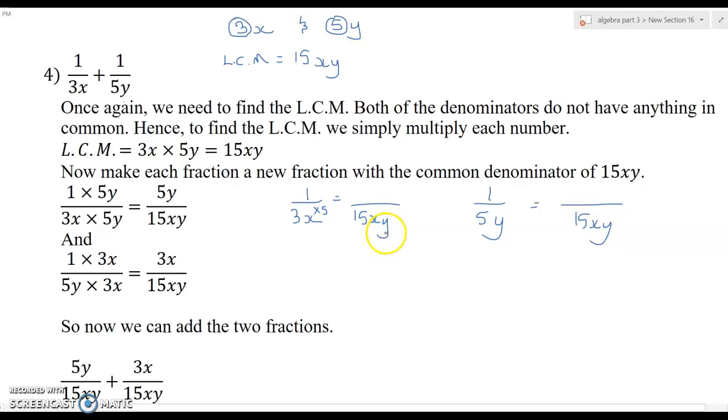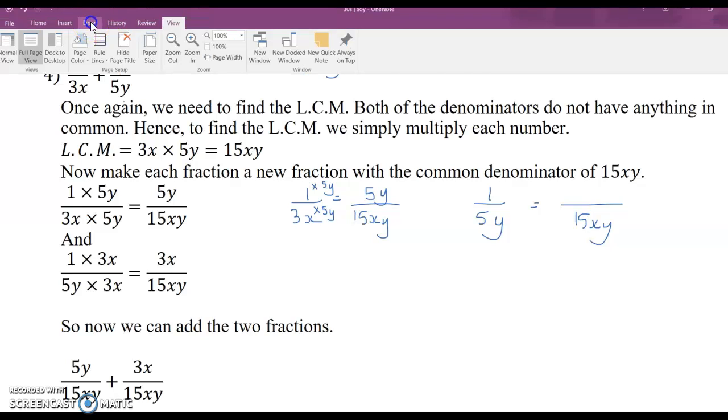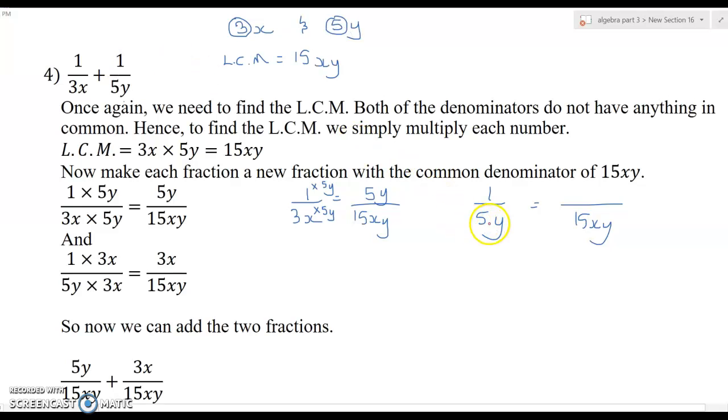But how are we getting the y? We have to actually multiply by y as well. So 3 by 5 is 15 and x by y gives me the xy. So then you multiply the top by that 5y again, so you get 5y. Let's use a different color so we can see that a little better. So now 5y, how do we get the 15xy?